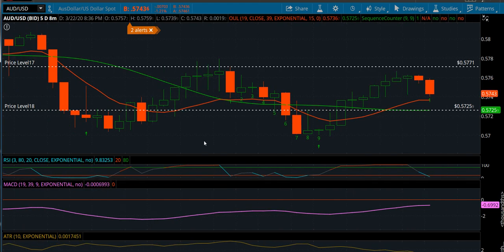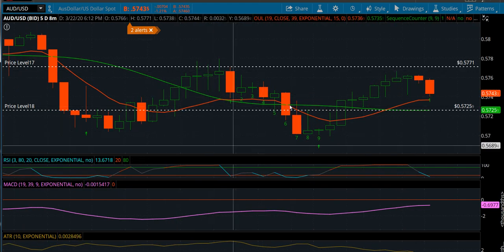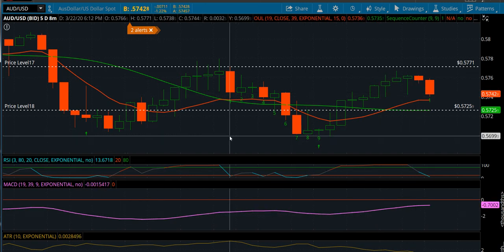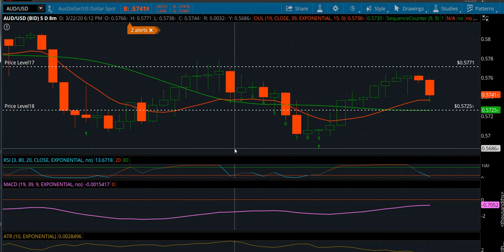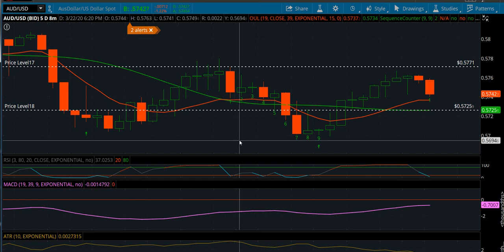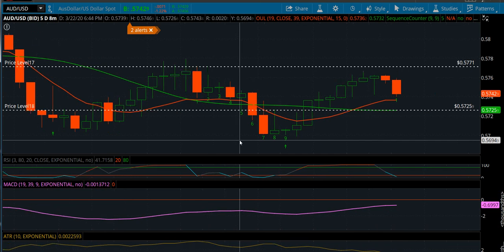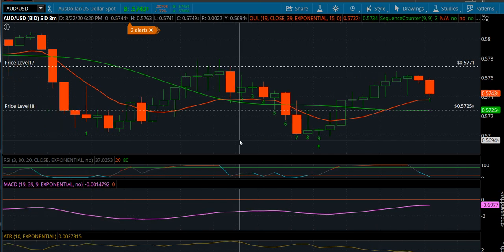I only did one contract to show you guys. Usually it's 10 contracts, and I would have made $370, and you know, I could call that a day. My daily goal is $195.